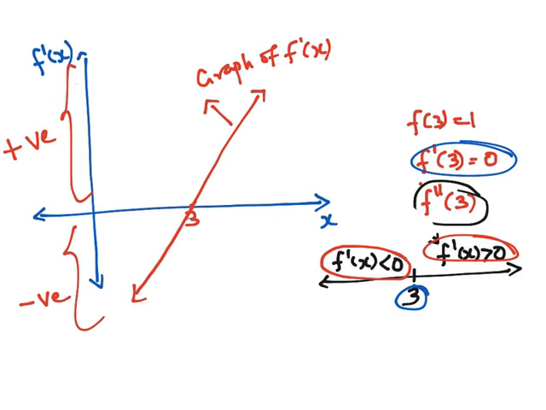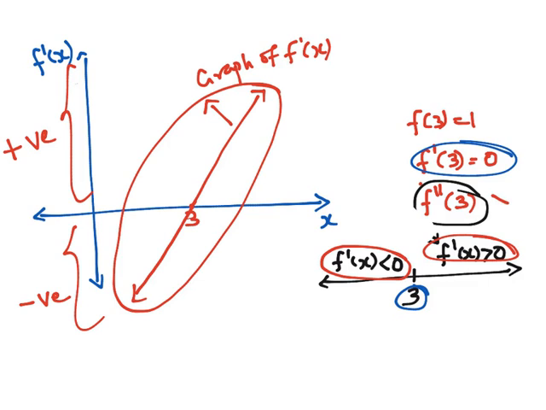Now from this, can you tell me whether f double dash of 3 is positive or negative, students? Very clearly, it is very obvious, because f dash of x is increasing, isn't it? Here f dash of x is increasing, so f double dash of 3 will be definitely positive.